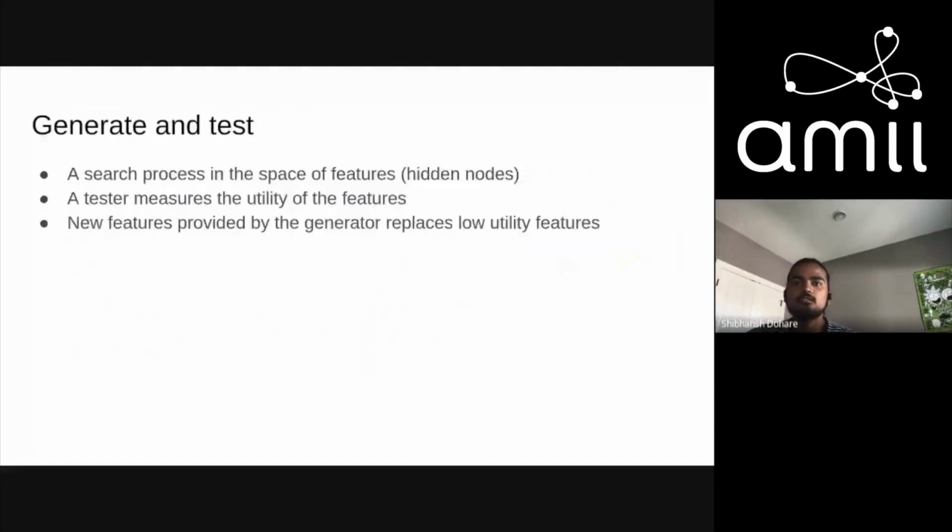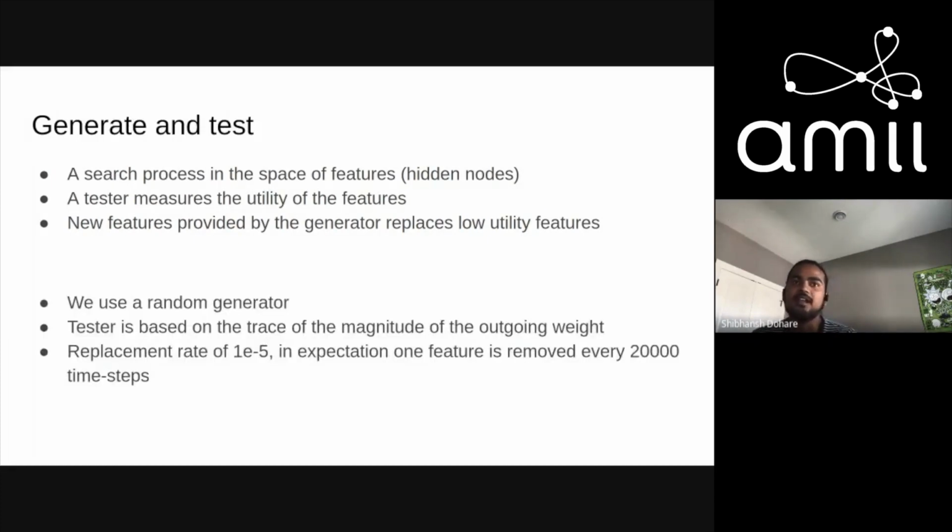Okay, so generate and test is a search process in the space of features. When I say features, you can think of hidden nodes. So the generate and test process has a tester which finds the bad features, and a generator which produces new features. So we find low utility features using the tester and replace them with the features provided by the generator. For this problem, we'll be using a random generator.